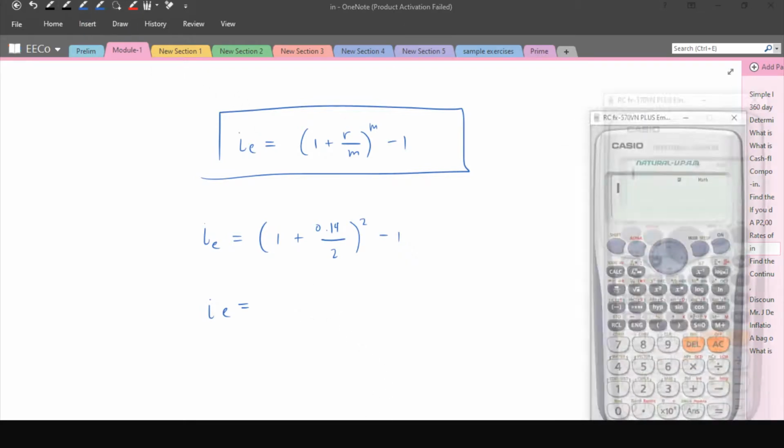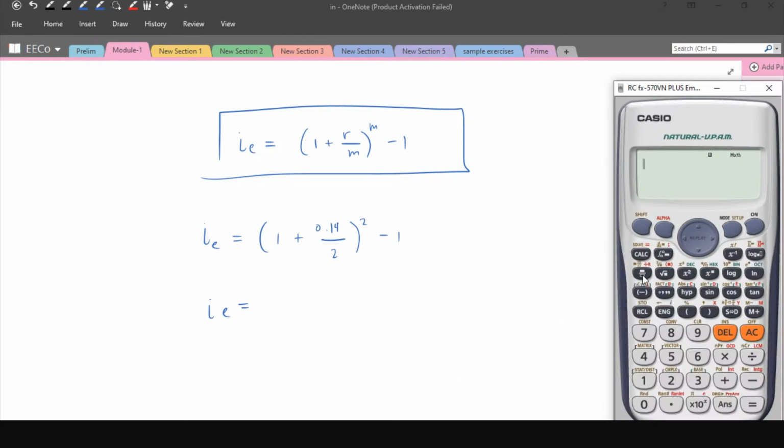So, calculate na natin. So, 1 plus 0.14 divided by 2 raised to 2 minus 1. So, ano yung effective interest rate?